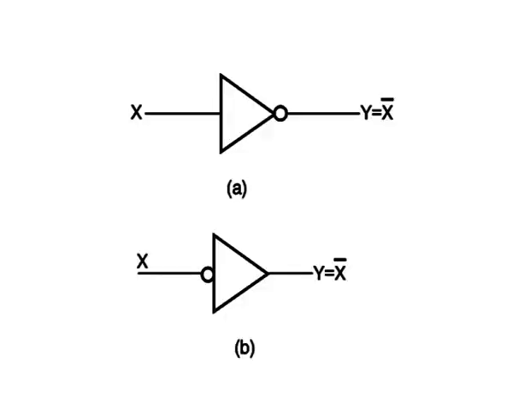Standard logic symbols for the inverter are shown in the figure. The negation indicator is a bubble that indicates inversion or complementation when it appears on the input or output of any logic element, as shown in the figure for the inverter.